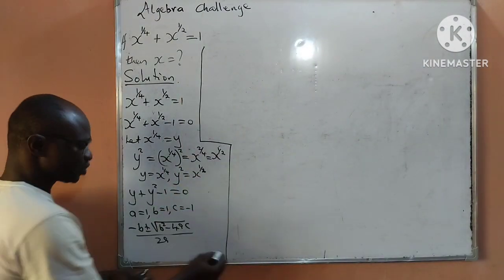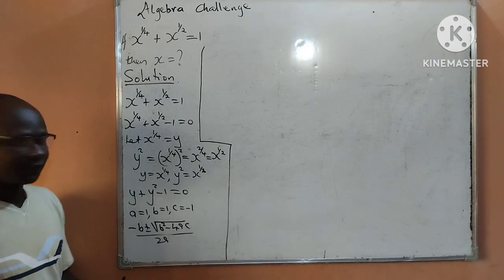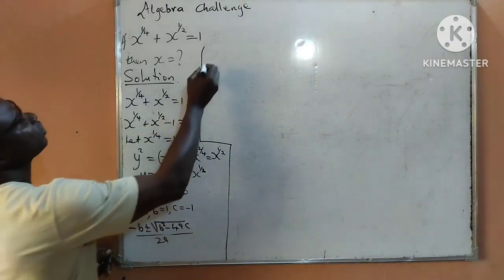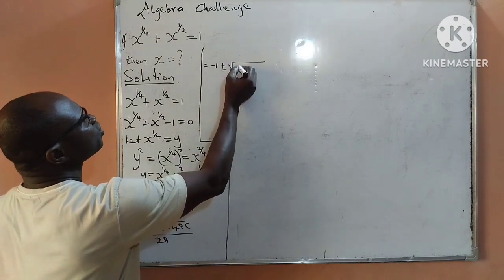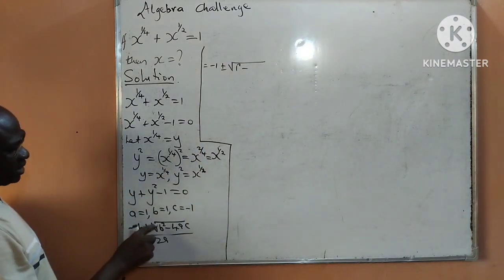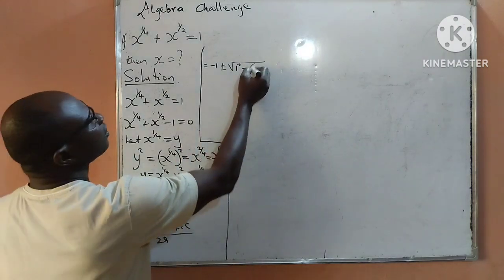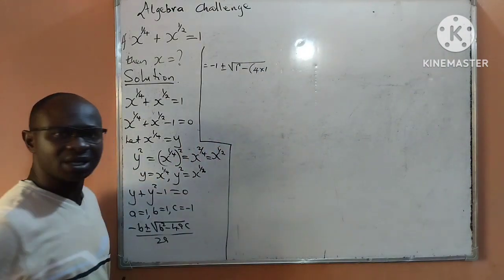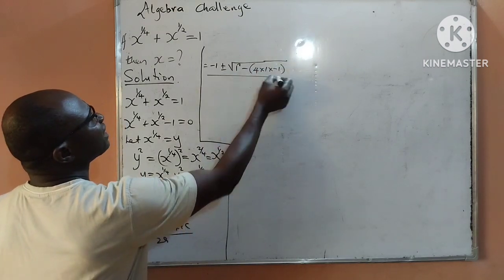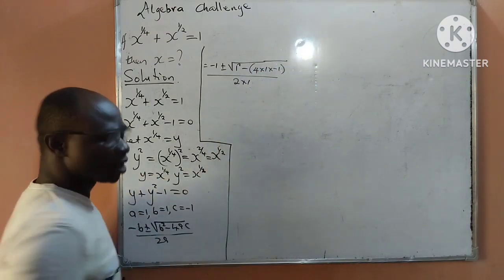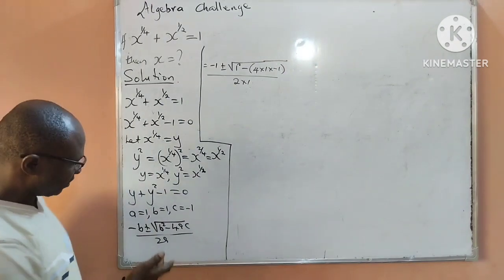When that happens, it is going to be minus 1 plus or minus the square root of b squared, which is 1 squared, then minus 4 multiplied by a, which is 1, multiplied by c, which is minus 1, everything divided by 2 multiplied by 1, that is 2a from the formula.